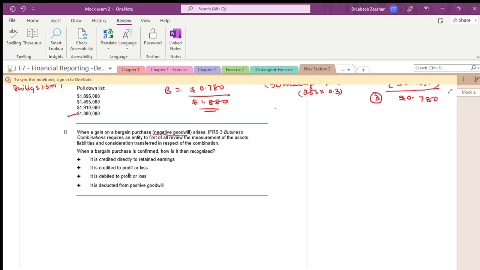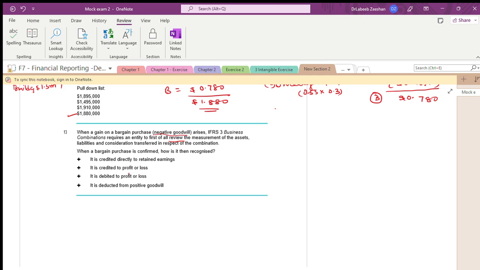What happens if there is a negative goodwill? IFRS says you have to review the measurement of assets, liabilities and consideration with respect of the combination.